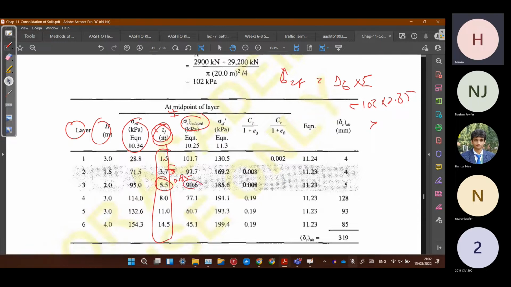They have written 90.6, so approximately that's fine. We got 87, they have written 90, so that's fine. The curves are approximate, so that depends on the reader's discretion.